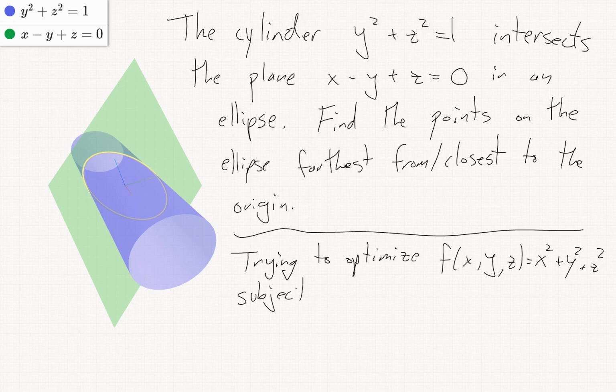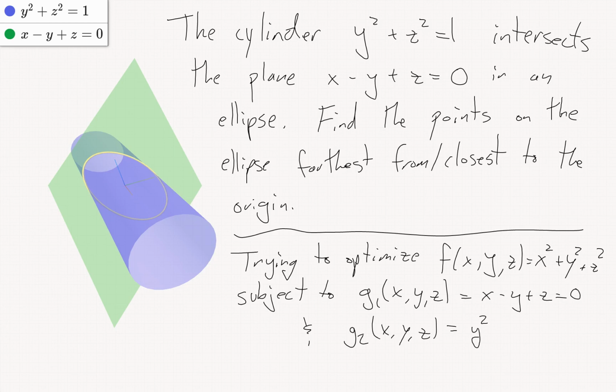And then our constraints: subject to g1 of x, y, z is x minus y plus z equals 0. So this is the plane. And g2 of x, y, z is equal to y squared plus z squared minus 1 is equal to 0.